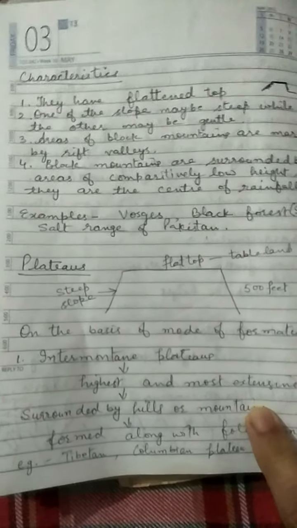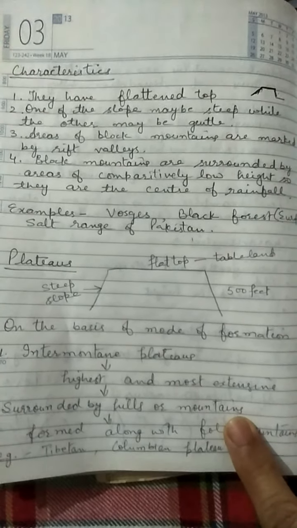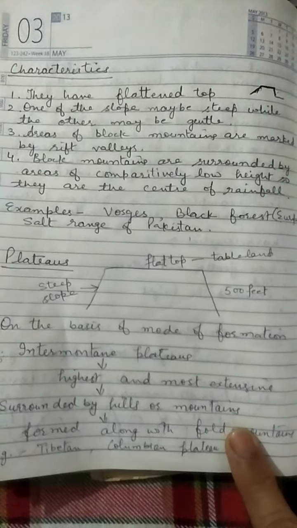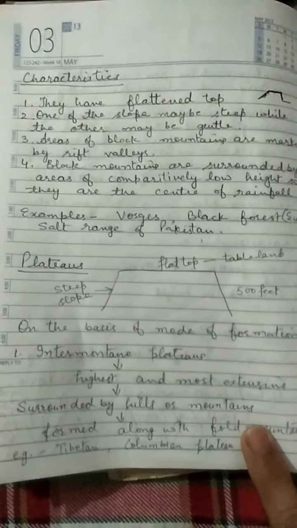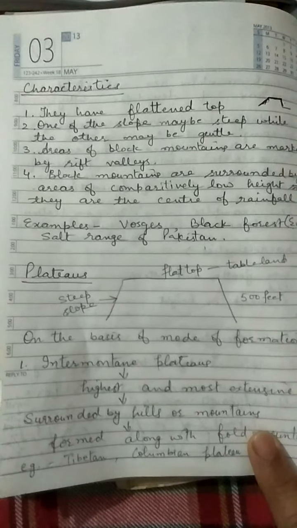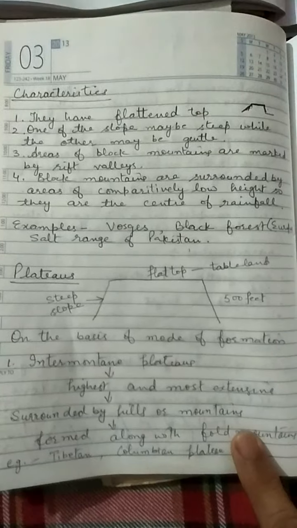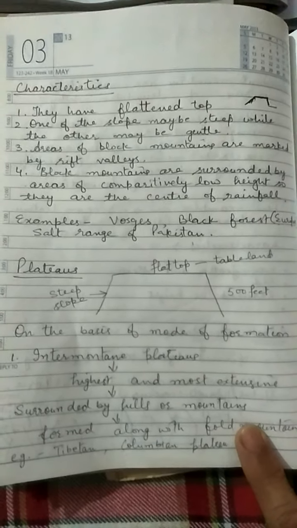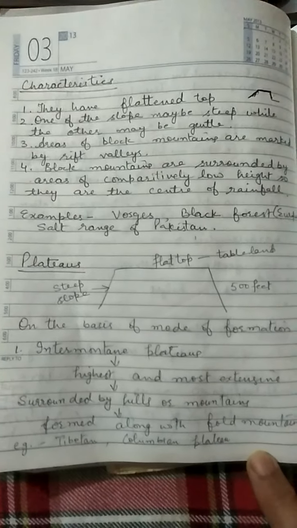On the basis of mode of formation, plateaus are of two types. The first is Intermountain Plateaus. Intermountain Plateaus means the plateaus which are located in between the mountains, surrounded by the mountains or the hills. They are considered the highest and the most extensive plateaus.